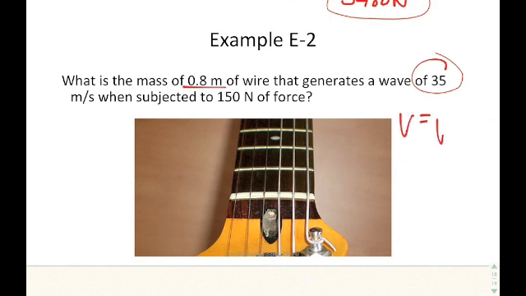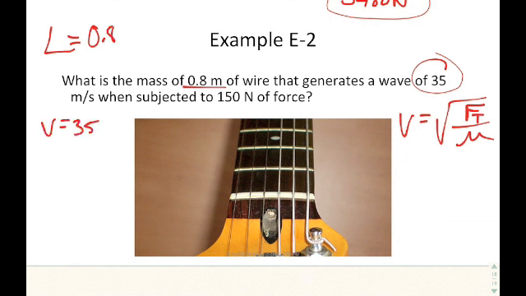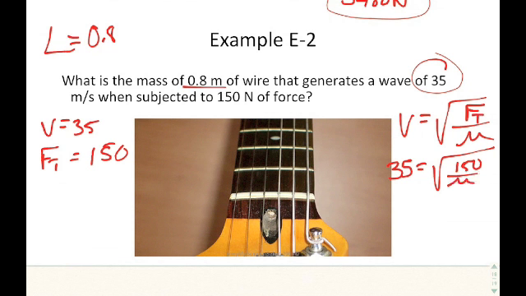Velocity is equal to the square root of Ft divided by mu, where I have the length of the wire, which is 0.8, the velocity, which is 35, and the force, which is 150. Then I can go ahead and plug in and solve. I would say 35 equals the square root of 150 divided by mu. So I would square both sides.